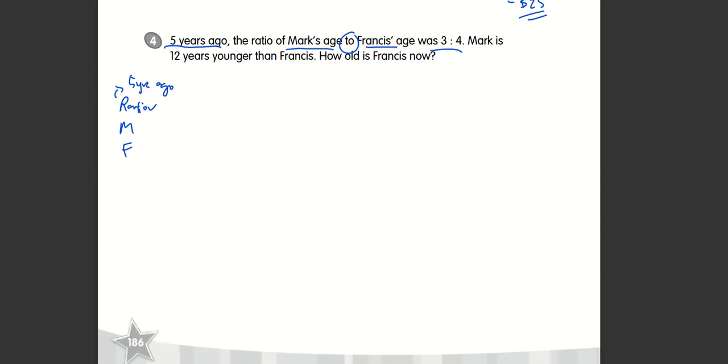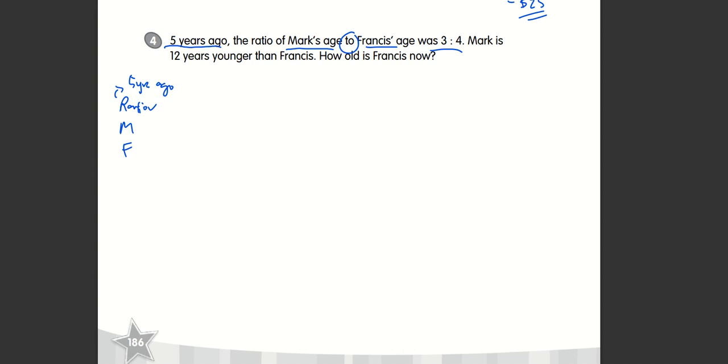Okay, so in this case I don't really have Mark's age now, I don't have Francis' age now, I also don't have Mark's age 5 years ago, I also don't have Francis' age 5 years ago. What I'm given is the ratio, and the ratio is 3:4.